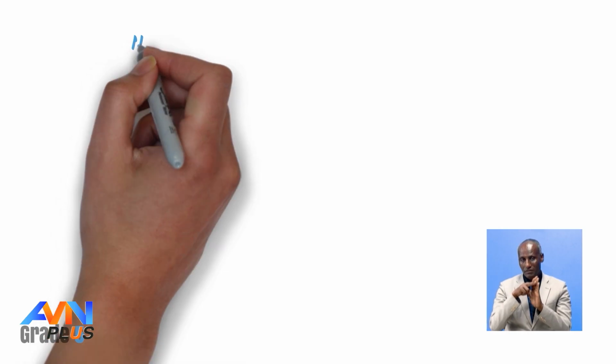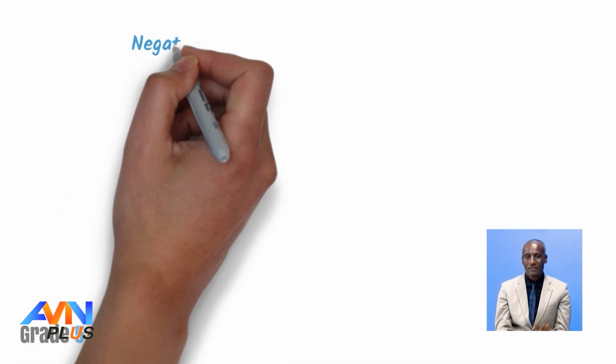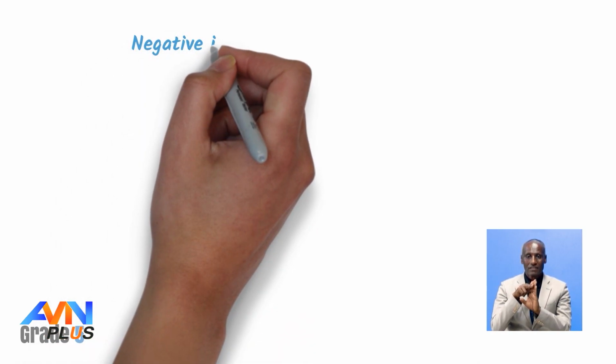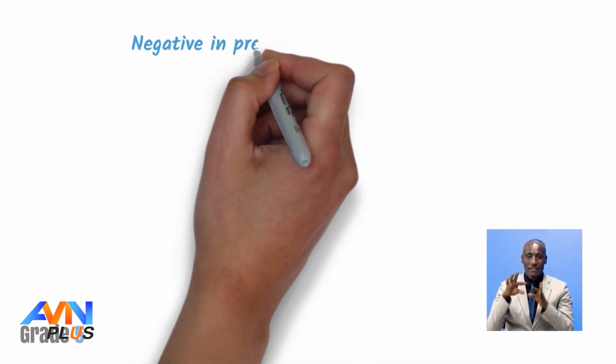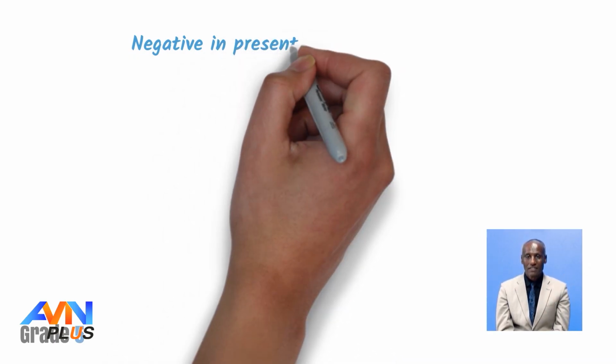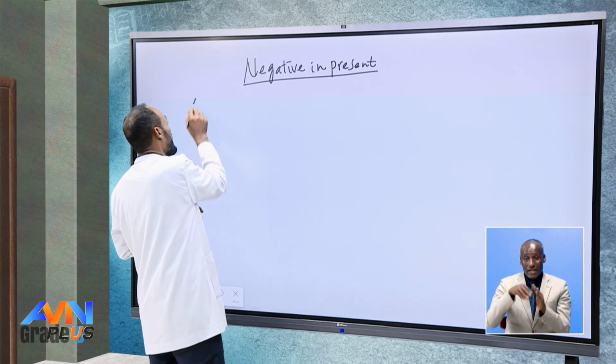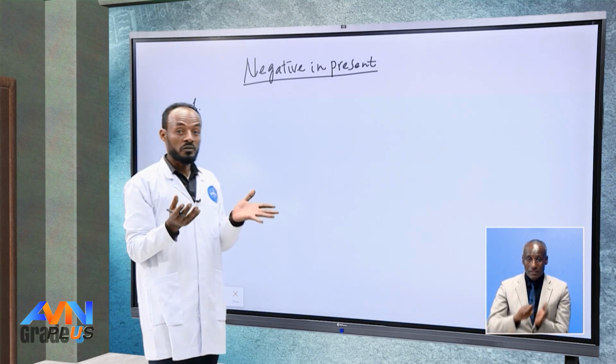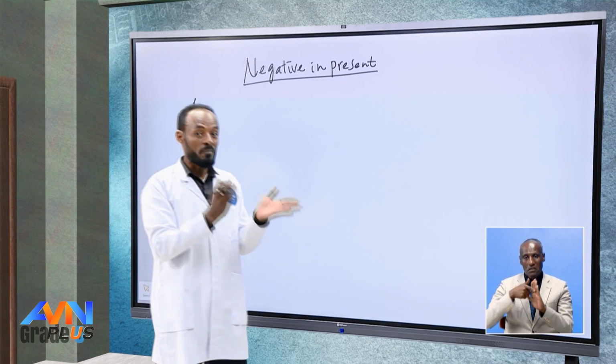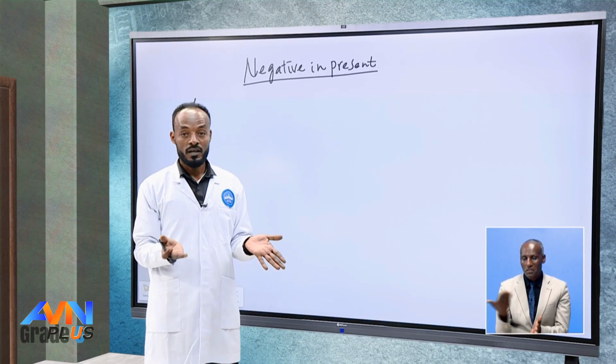Yeah? What if we are talking about negative sentences, and we're talking about modal verbs? Negative in present. For example, you know that negative means the word which shows something is not possible.